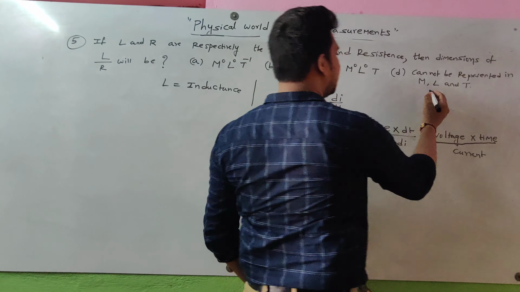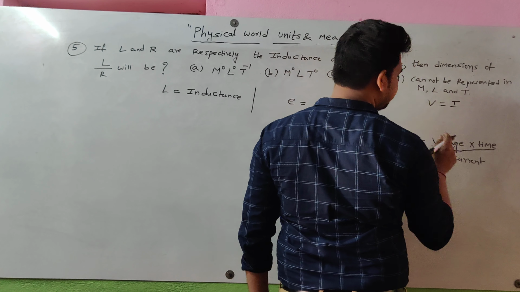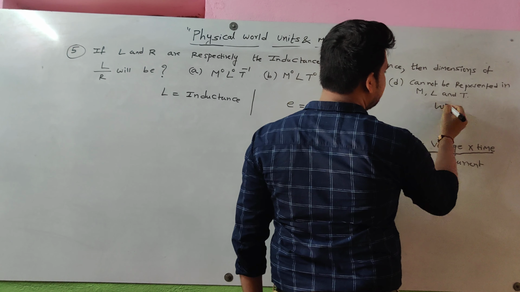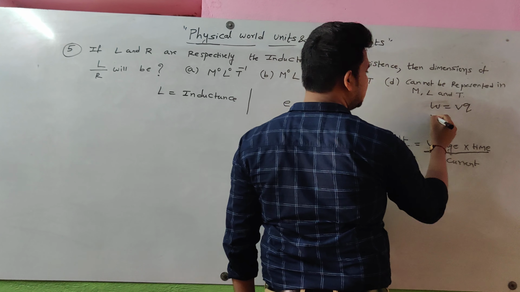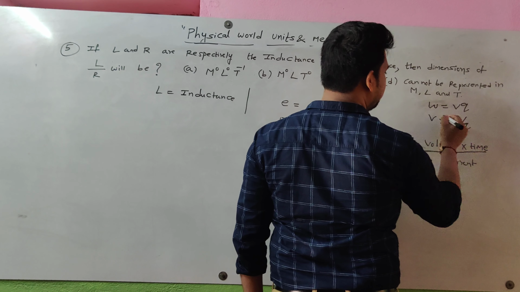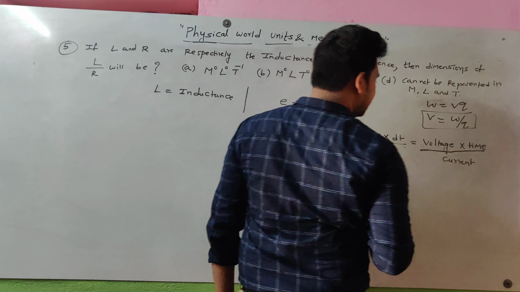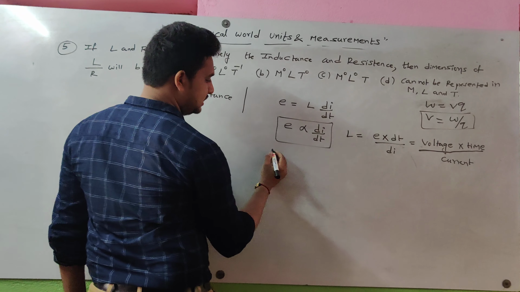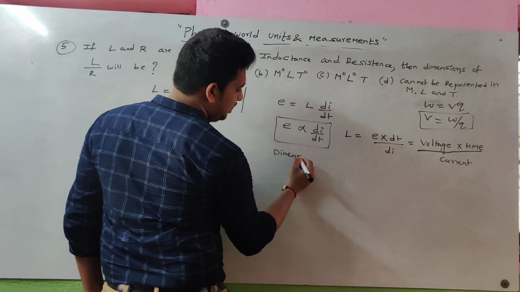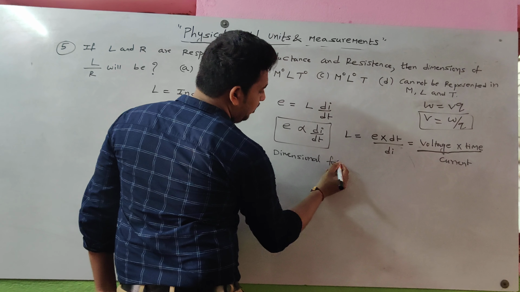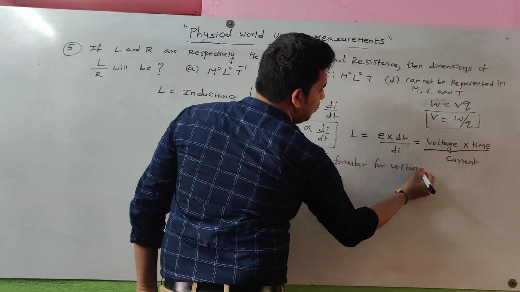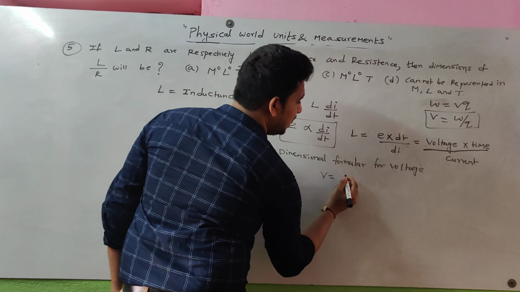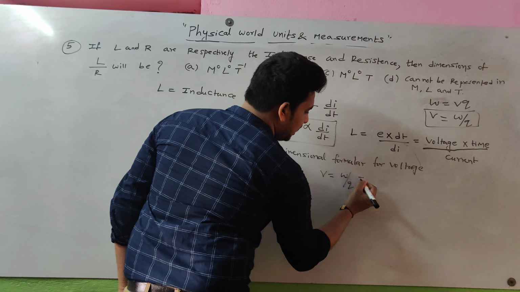That means we know that W is equal to VQ, so work done is voltage into charge. Then V is equal to W by Q. That means the dimensional formula for voltage, V is equal to W by Q. Work done, what is its dimensional formula?